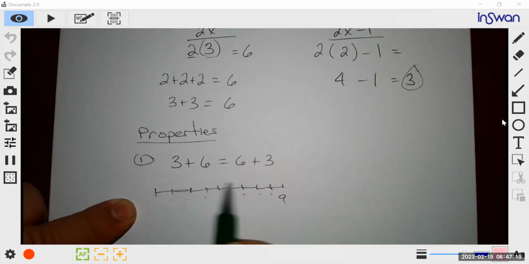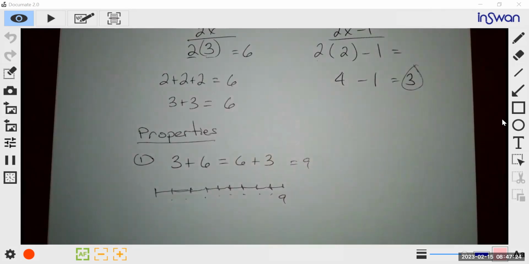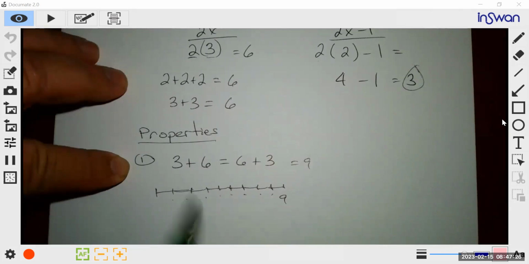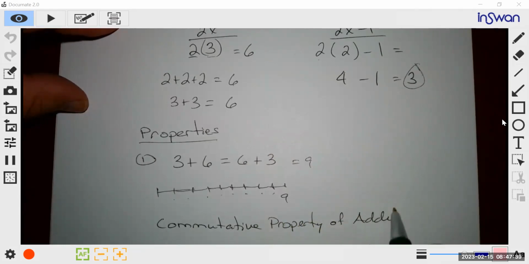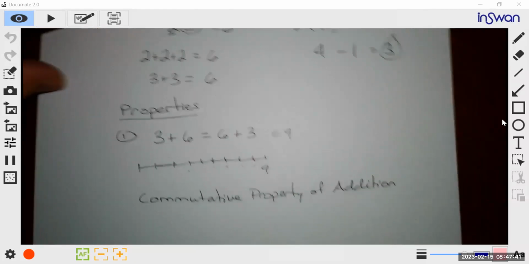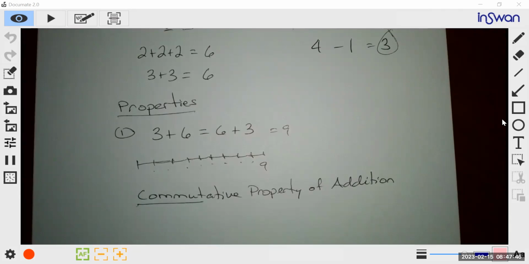Or if I go 6 and then add 3, I end up with 9. So this property, because I'm moving around, is called the commutative property of addition. Commute means to move. So what this property says is I can move the numbers around without losing the answer.